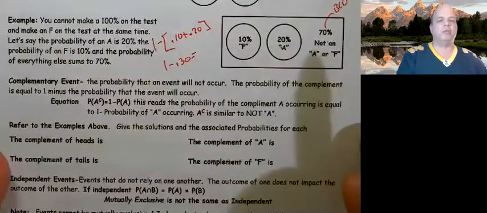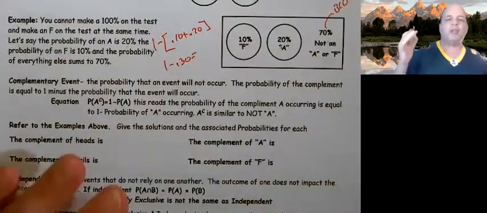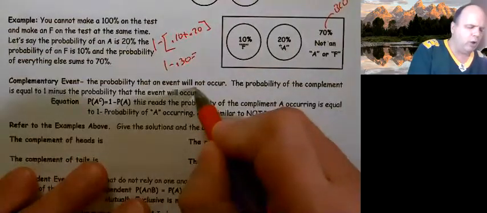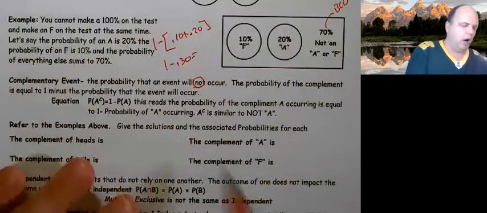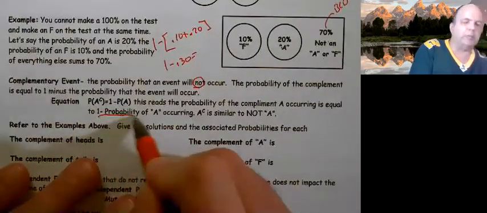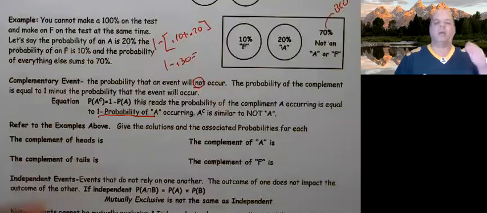Complementary events, okay? The probability that an event will not occur. Whenever we have a complementary event, I always want you to think 1 minus the probability that they were talking about, okay? And another way to say, what's the probability of not A?